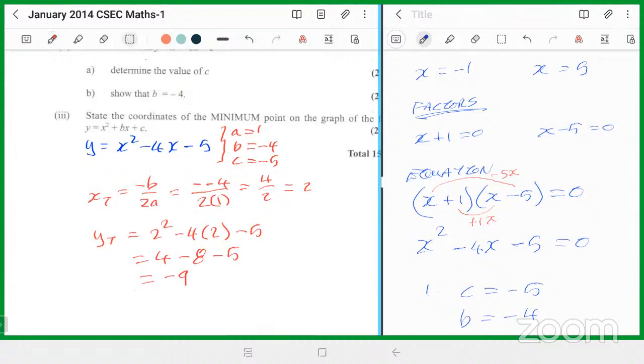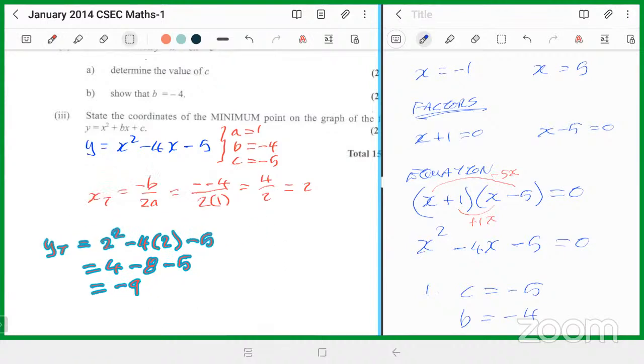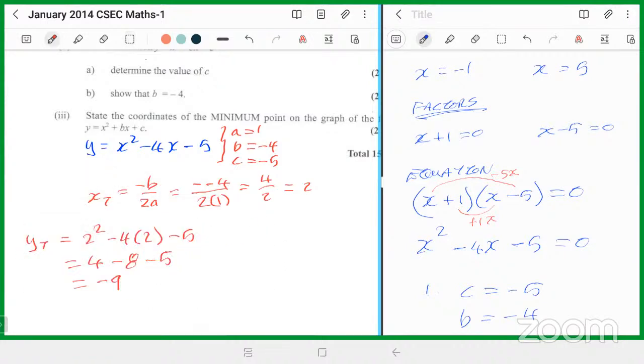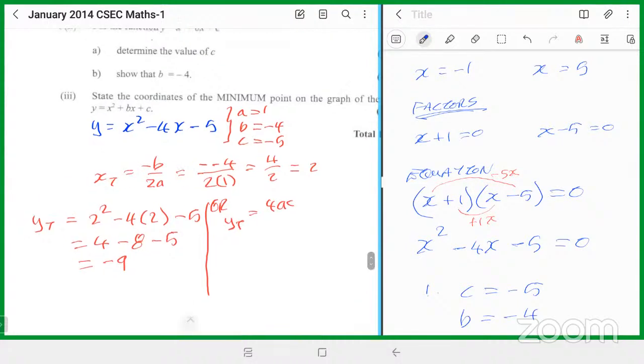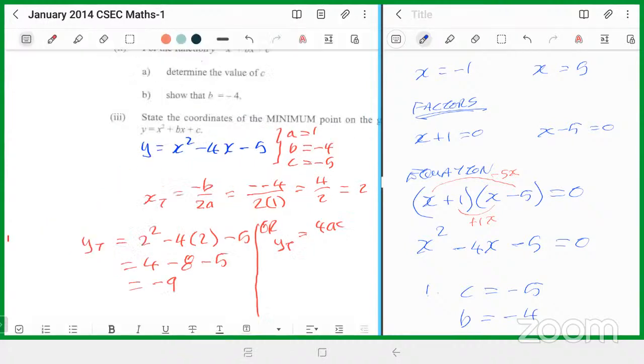Let me shift it over and use our formula and see if we get the same thing. So instead of doing it this way, we could use our yt formula, which is 4ac minus b squared. Excuse me, guys. That's wrong from a while ago on the screen. Sorry about that.